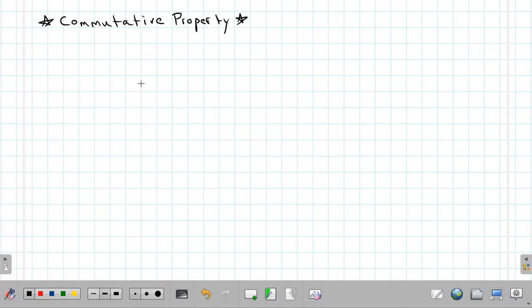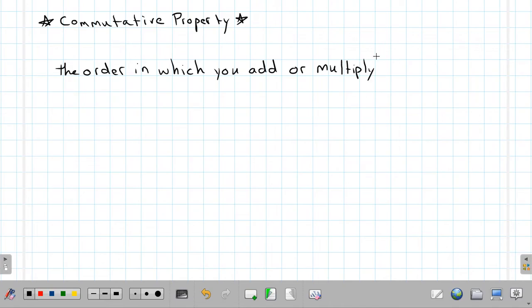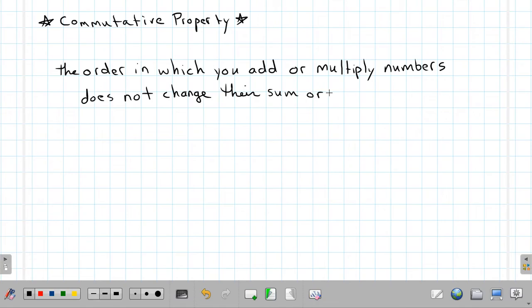So what the commutative property tells us is the order in which you add or multiply numbers does not change their sum or product.